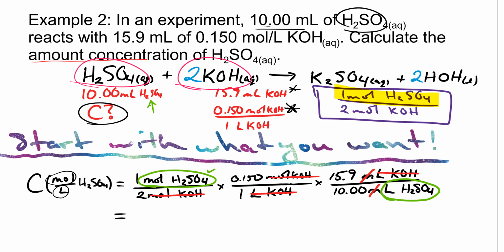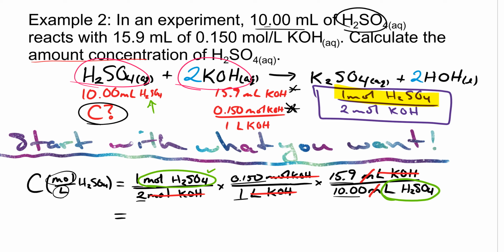When I put this into my calculator, I go 1 times 0.150 times 15.9 divided by bracket 2 times 1 times 10 end bracket.